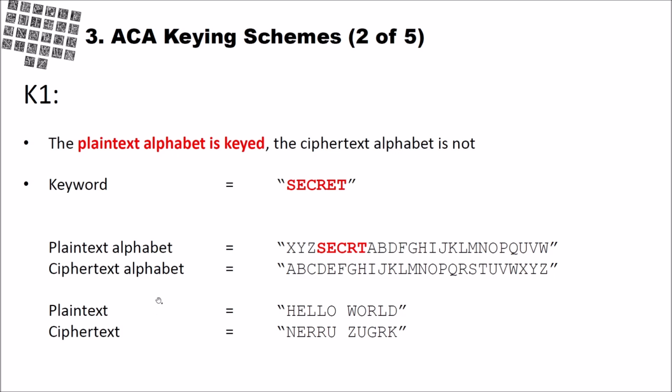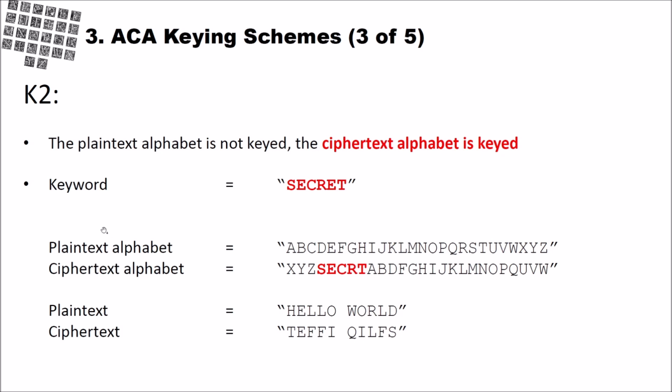Now let's go to key scheme K2. And here the plaintext alphabet is not keyed, but the ciphertext alphabet is keyed. You could more or less say it's the opposite of the other keying scheme. Again, we have the keyword secret, and we apply the keyword now not on the plaintext alphabet, but on the ciphertext alphabet.